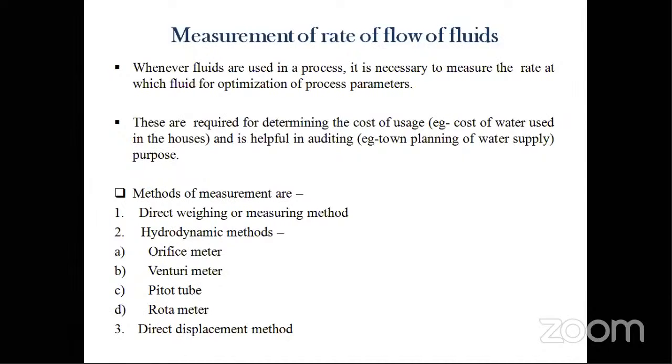By this way, four meters have been discovered, and by using them we can measure the rate of flow of fluids. The first one is the orifice meter, the second is the venturi meter, the third is the pitot tube, and the last one is the rotameter.